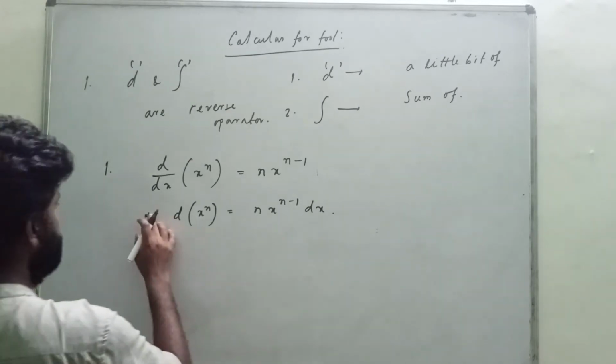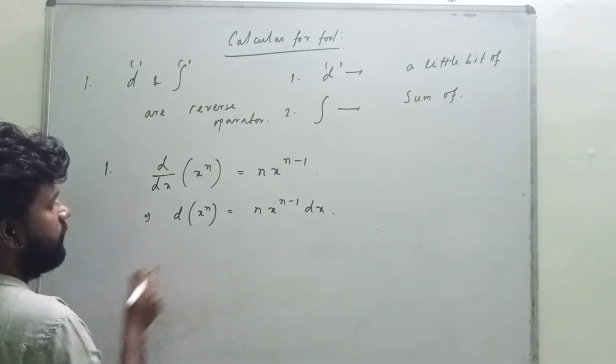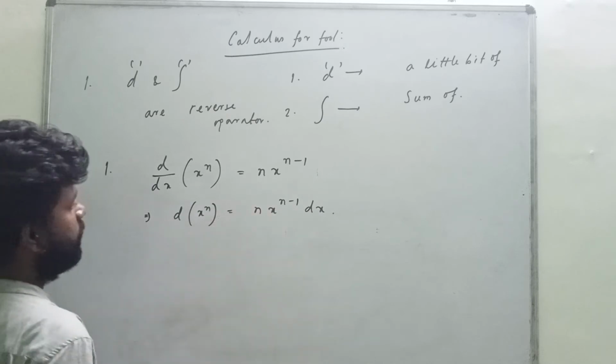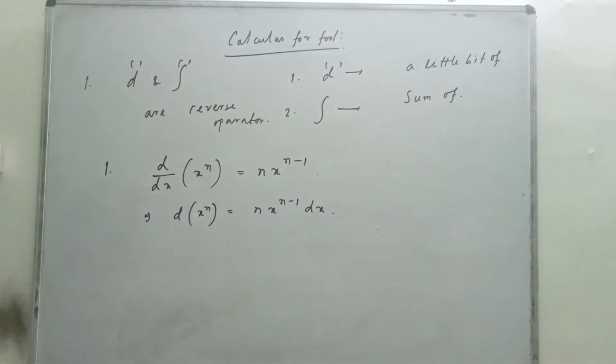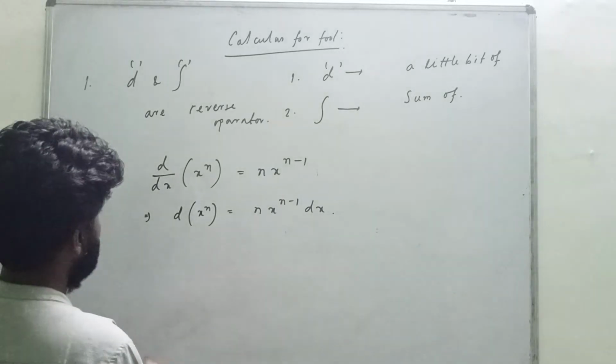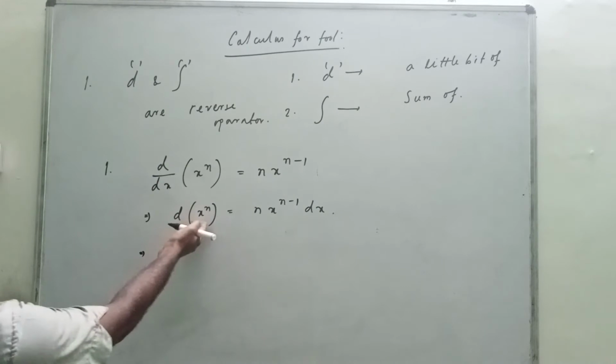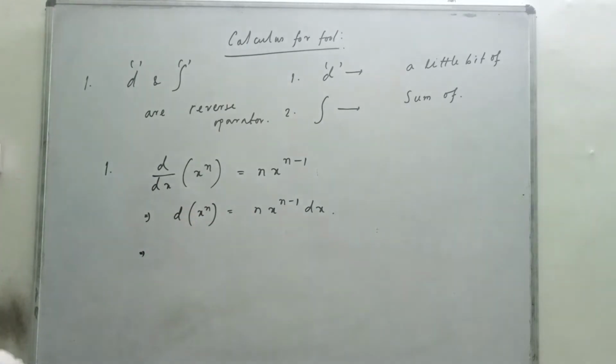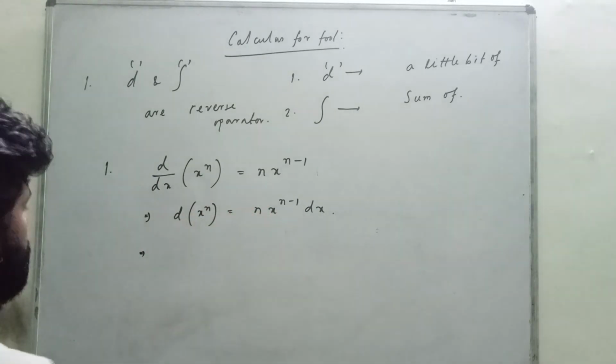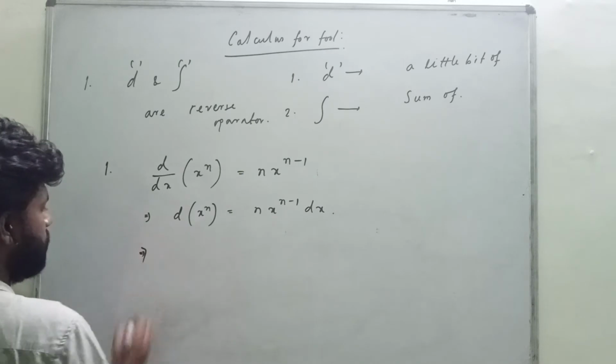Now from here, if you want to calculate what x^n is, what will you do? Actually, d of x^n is here, and from this you should calculate the value of x^n.